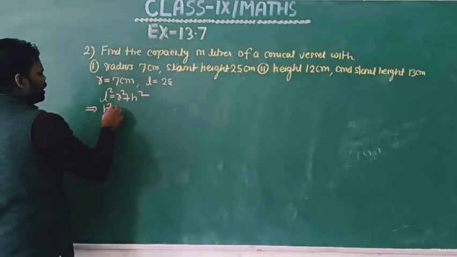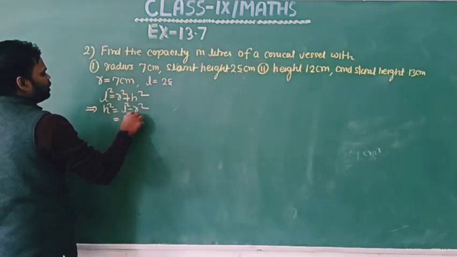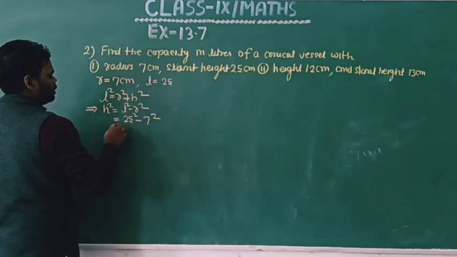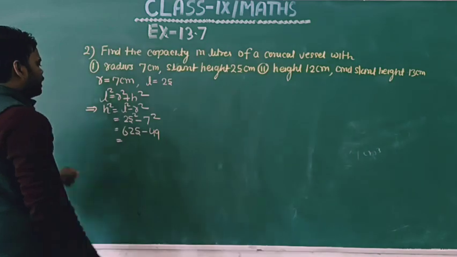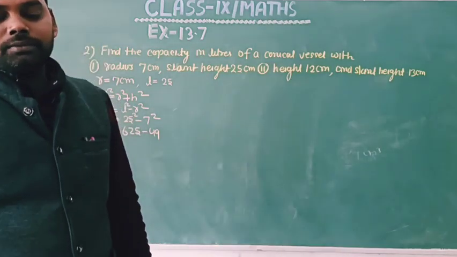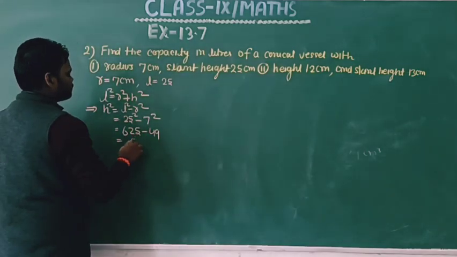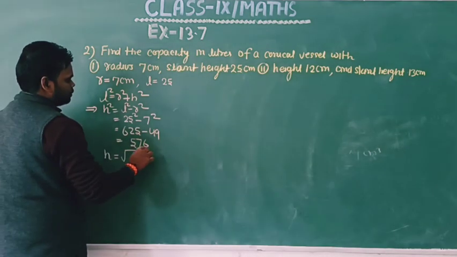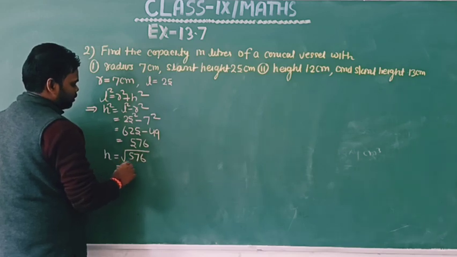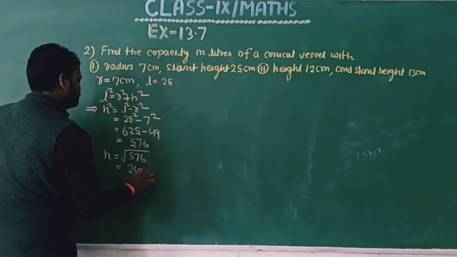So h square equals l square minus r square. Here l is 25, so this is 25 square minus 7 square. 25 square means 625, and this is 49. 625 minus 49 equals 576. So h equals under root 576, which is 24 centimeter.